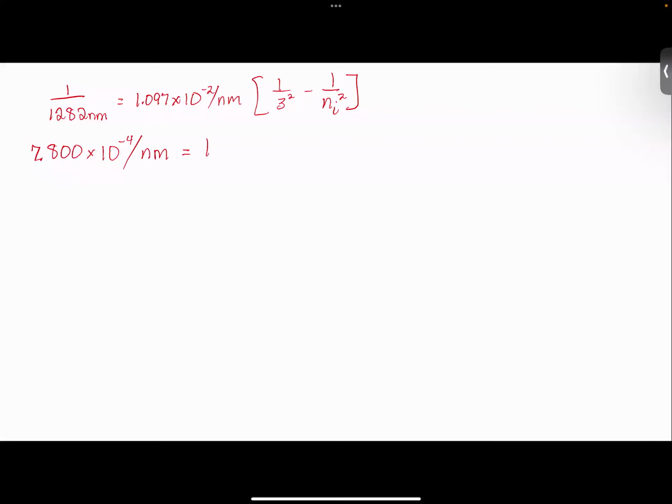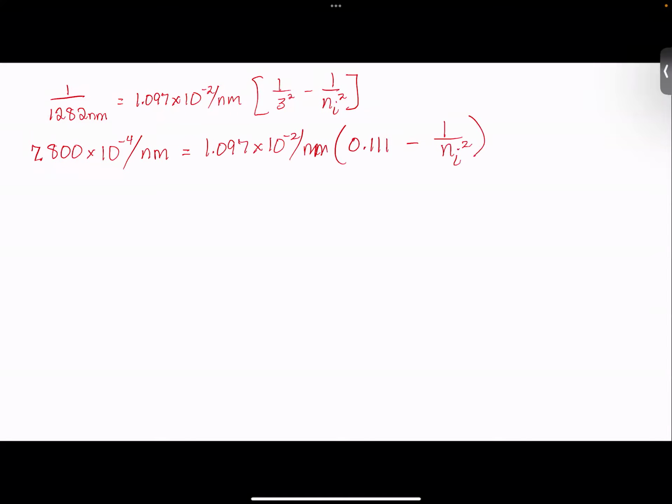That's equal to the 1.097 times 10 to the minus 2 per nanometer times 1 divided by 3 squared is 0.111 minus 1 over N sub I squared.